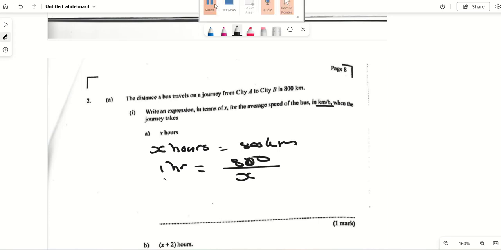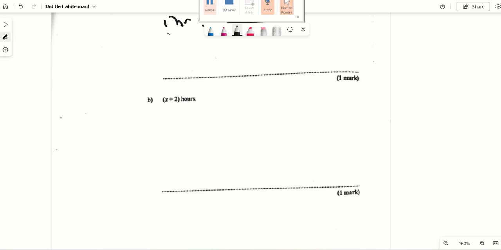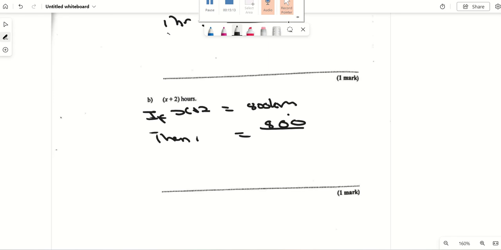Now they want to find it for x plus 2 hours. So if x plus 2 hours is equal to 800 kilometers, then 1 hour would be 800 divided by x plus 2, and that would be your answer for this one.